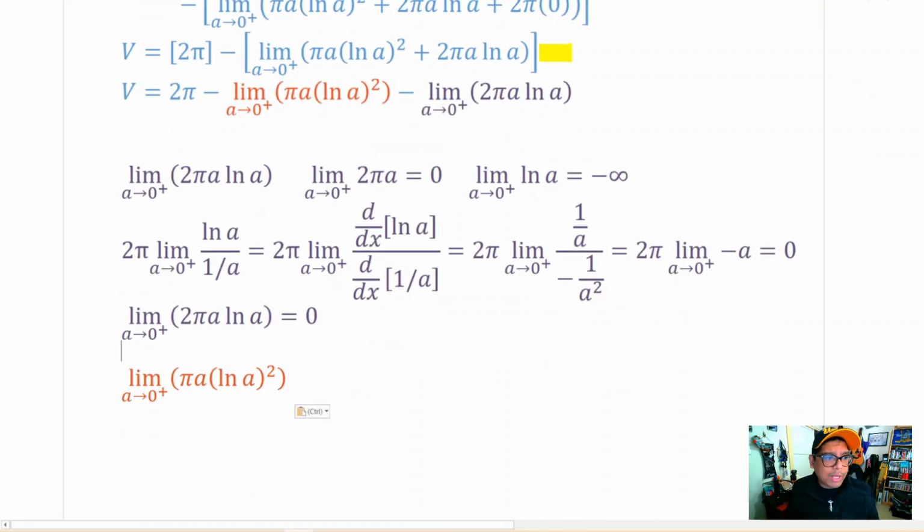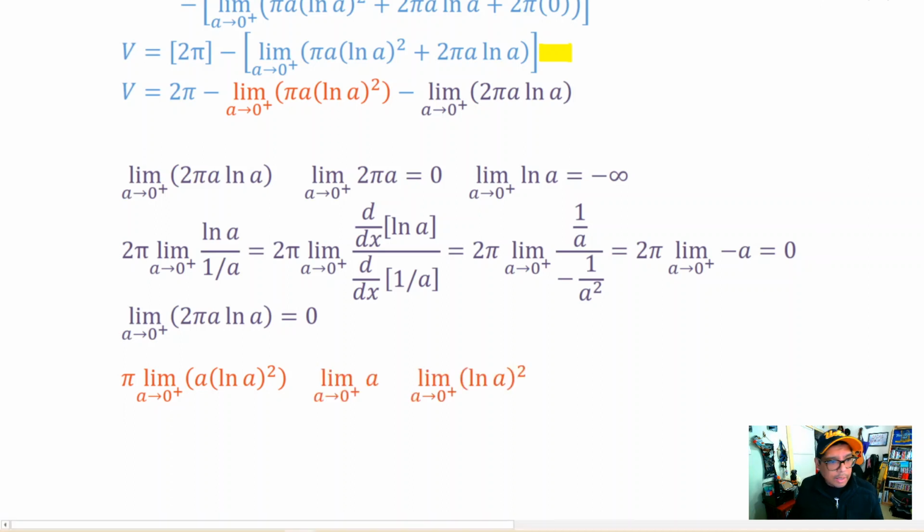Like before, I'm going to put that pi on the front of the limit. And then I'm going to analyze each one of those factors separately to start with. Now this first one, the limit as a approaches 0 of a, that's easy. That's just equal to a, or 0.